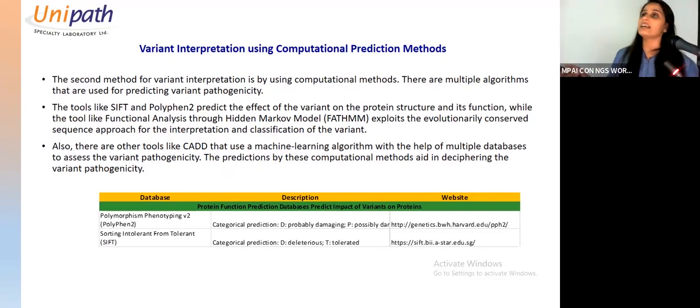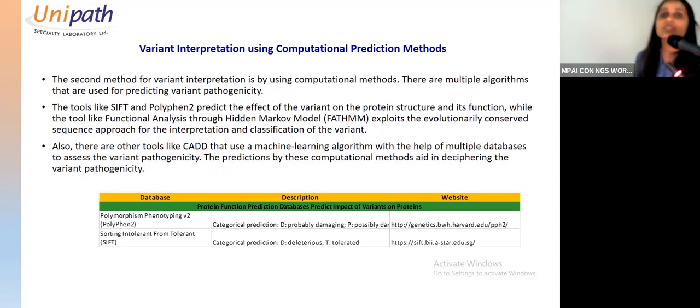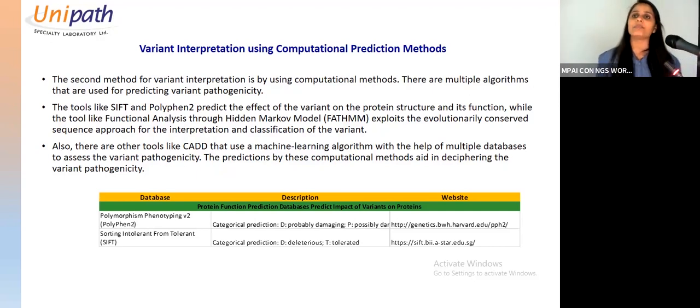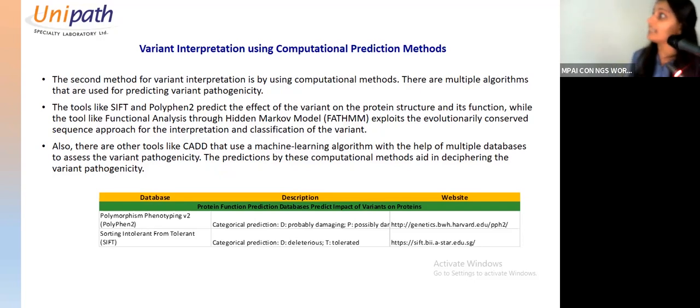That's why there are specialized tools which help you analyze it in silico, and give you an idea in terms of whether it is damaging or tolerable. Tolerable means the mutation is not causing much damage. But it is only a probability, so you cannot just consider this criteria.